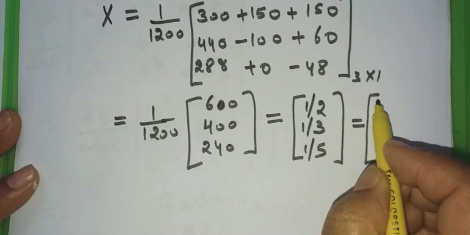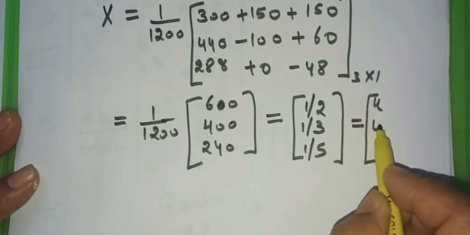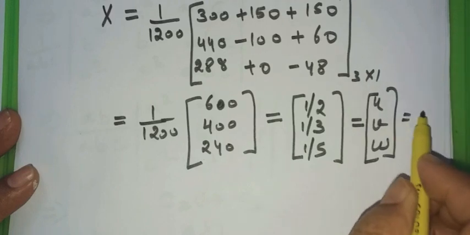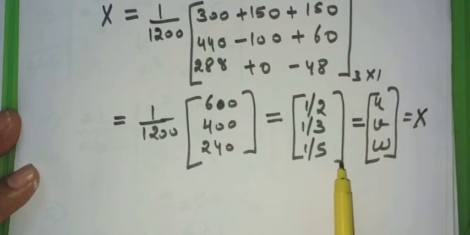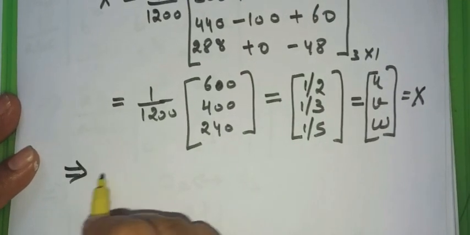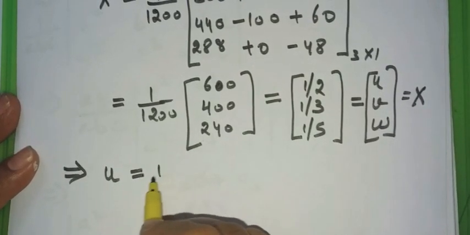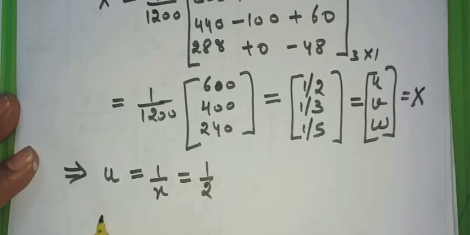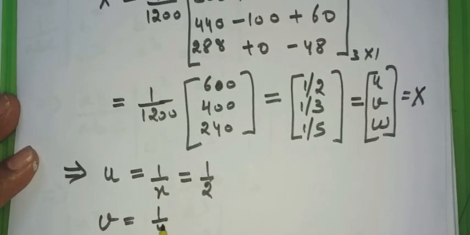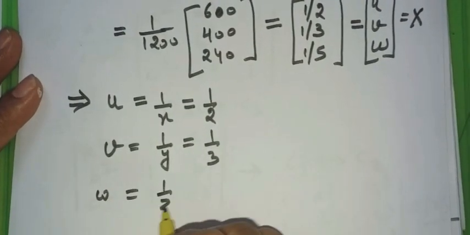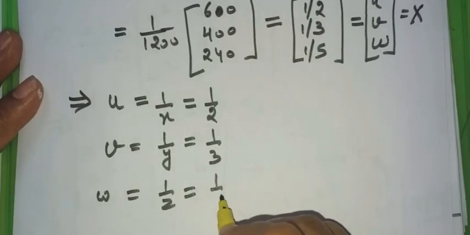And this is the matrix X, and matrix X was giving you the values of U, V, W. So this implies you have got U, which was nothing but 1 by X, as 1 by 2, V, which was 1 by Y, has become now 1 by 3, and W, which was 1 by Z, has now become 1 by 5.